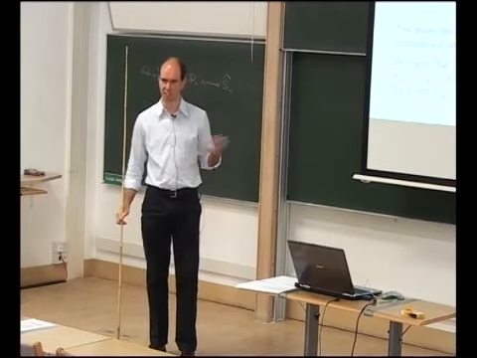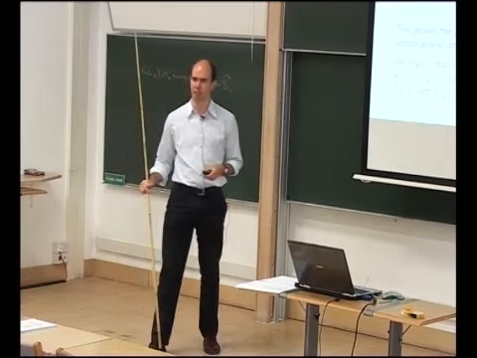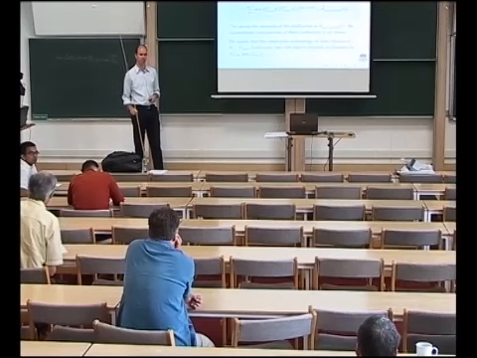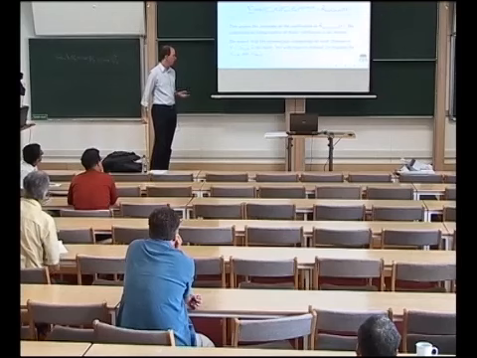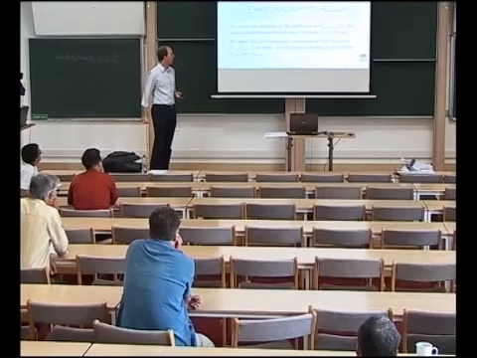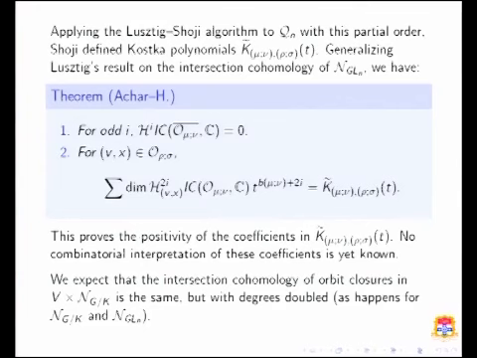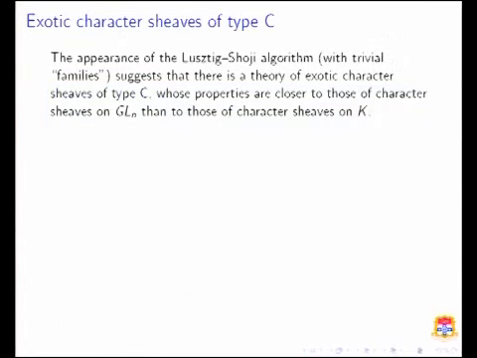And you group just by b-function? Oh, you don't. Sorry, you don't group at all. You have trivial families. That's the nice feature that makes this just like the type A case. You have no families or anything. Okay. Are there any other questions?